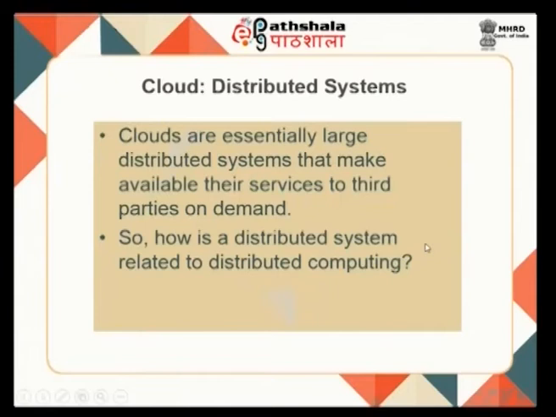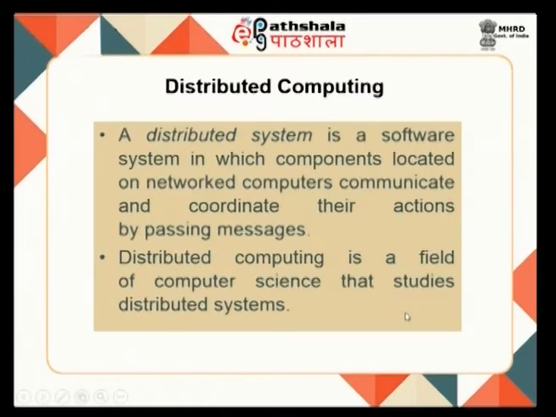Now, let us look at the confusion between what is a distributed system and what is distributed computing. Are these two related or are they different? Basically, a distributed system is a software system in which components are located on networked computers which communicate and coordinate their actions by message passing. The communicating processes are distributed geographically.